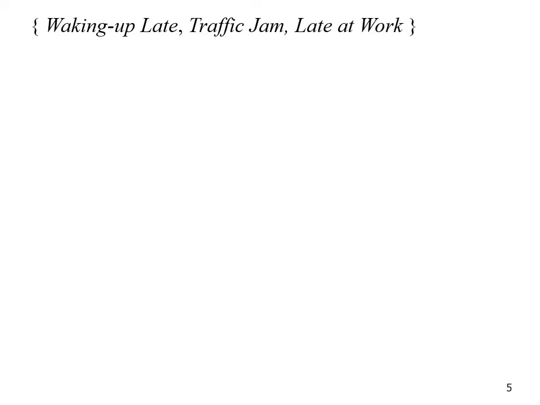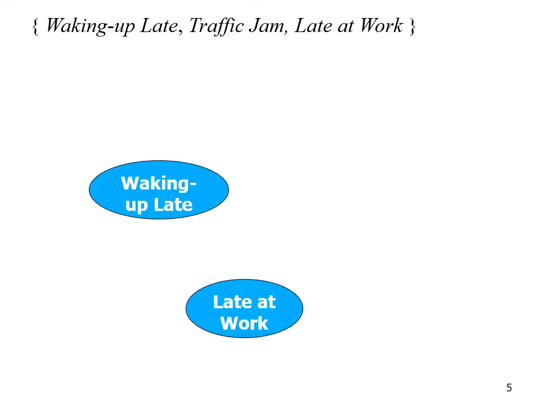While formulating the problem, we have three variables or events: waking up late, traffic jam and late at work. Associated with these three variables, we have three nodes in our network: a node for waking up late, a node for traffic jam and a node for late at work.